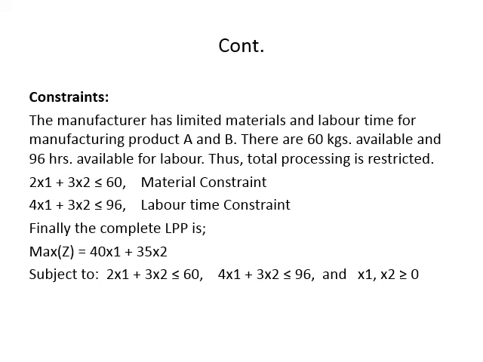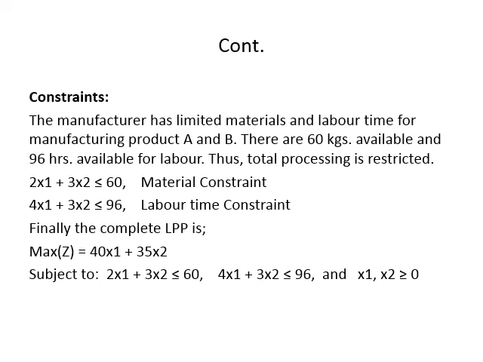The next constraint says 4x1 plus 3x2 less or equal 96, which is time. So the total production of x1 and x2 must not exceed 96 hours.